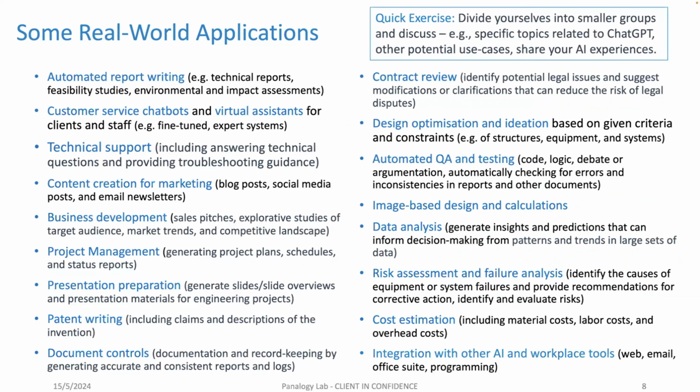Some real world applications. Look, this is more for an engineering client. So report writing, virtual assistants, chatbots are really popular at the moment. Technical support, like answering technical questions, troubleshooting, things like that. There's design optimization.